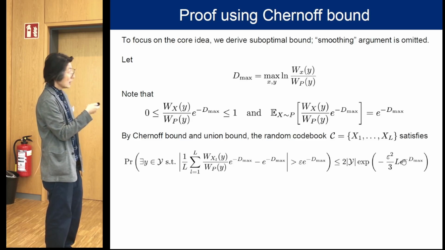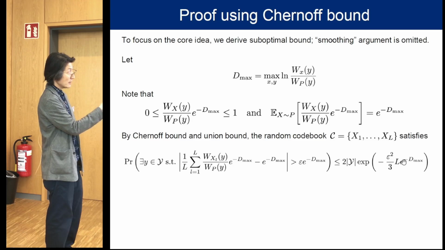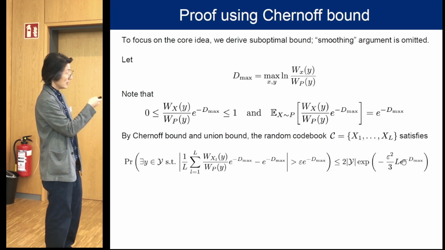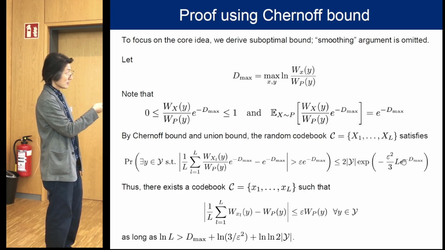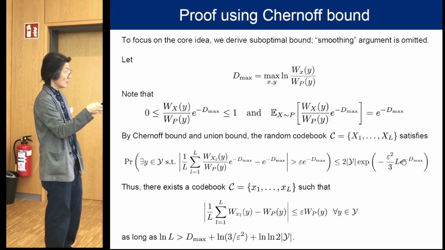Okay? And if the right-hand side is less than 1, which is true if log L is larger than d max plus something, then there exists a code x1 through xL such that this deviation event never occurs.